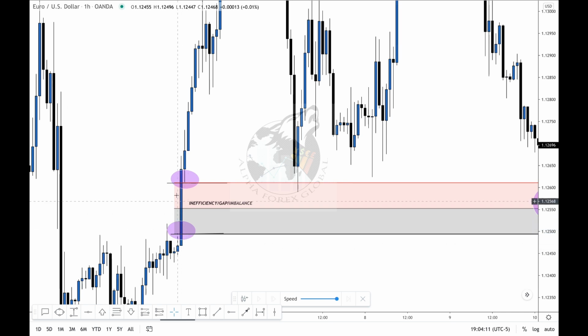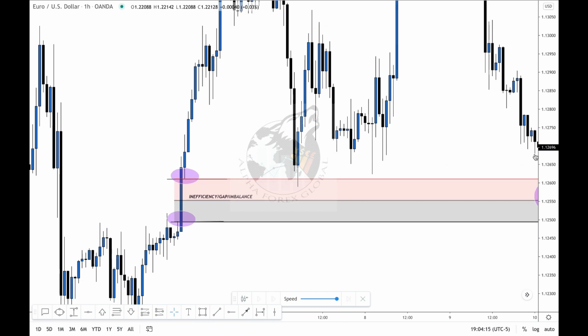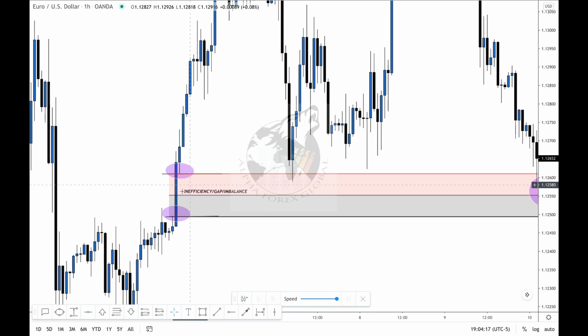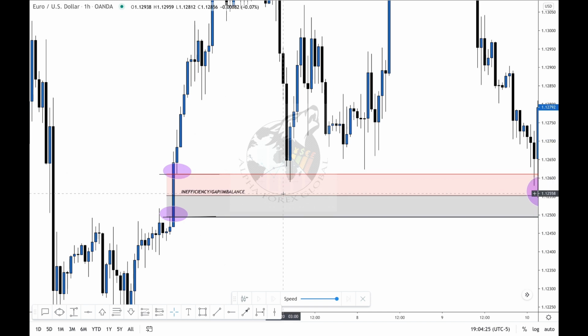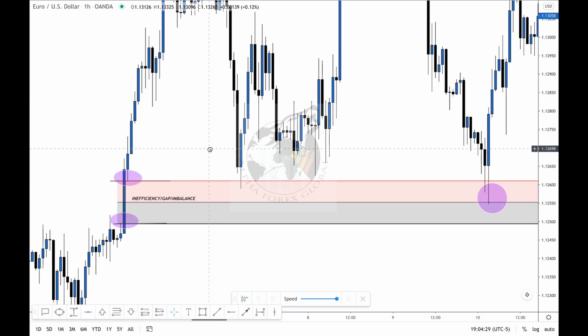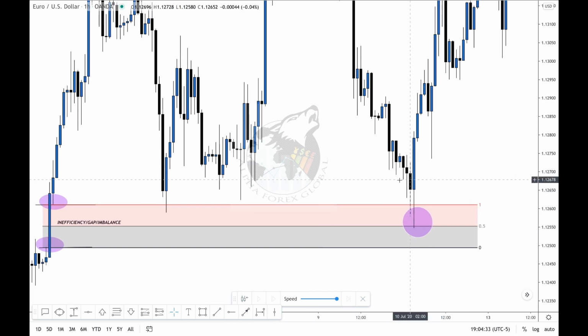The more aggressive it is, the more valid it is, because there are more orders to be accounted for. There are more buyers than sellers, and the market needs to come back to even out, so it can be evenly distributed between buyers and sellers. That's why the market came back here and mitigated.